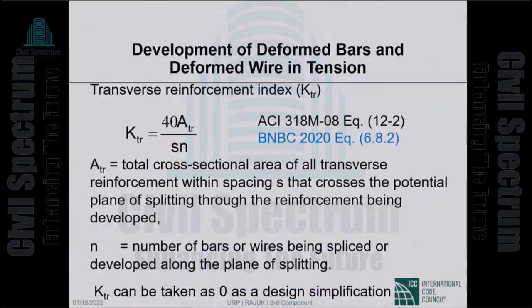Okay. K sub TR is 40, a constant, times A sub TR divided by S and N. Okay, A sub TR, all the details will not register, so I will not try to over explain everything, but anyway, to just try to get a flavor of what this is.